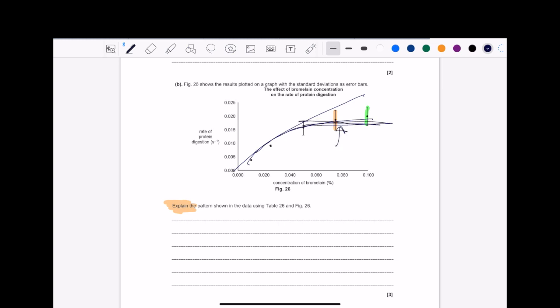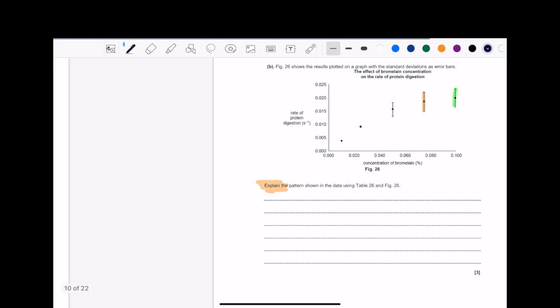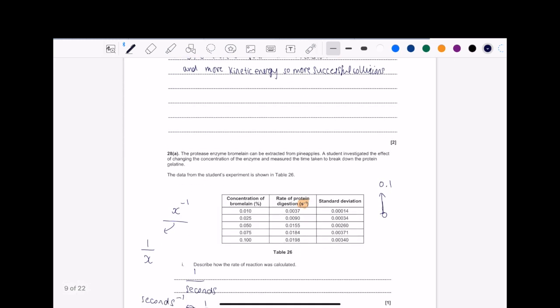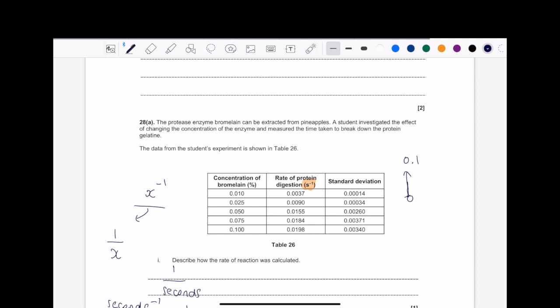Another thing you could talk about is how the rate plateaus towards higher concentrations. And to back that up with scientific knowledge, you would say that's because there's less concentration of substrate, or you could say that active sites are mostly preoccupied.